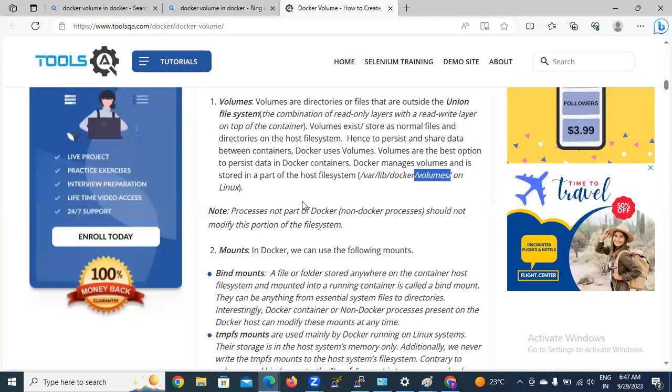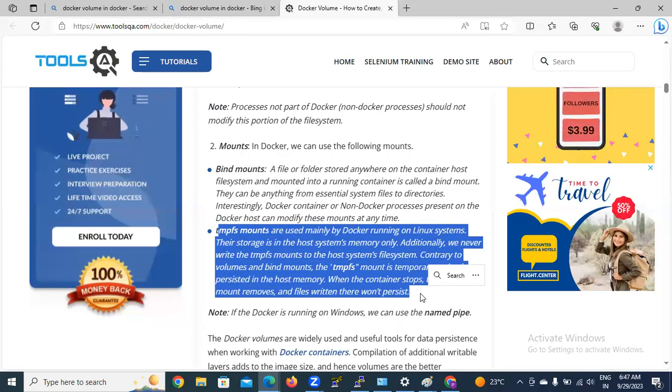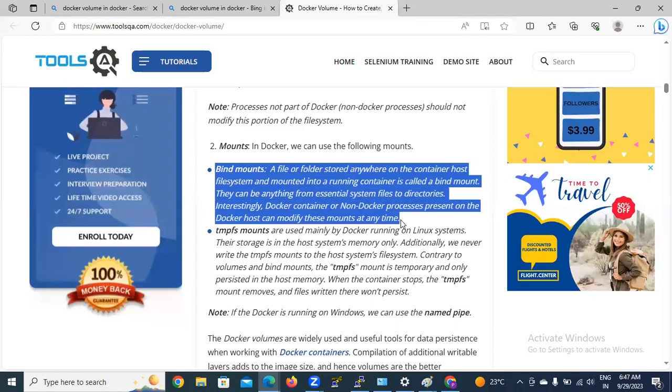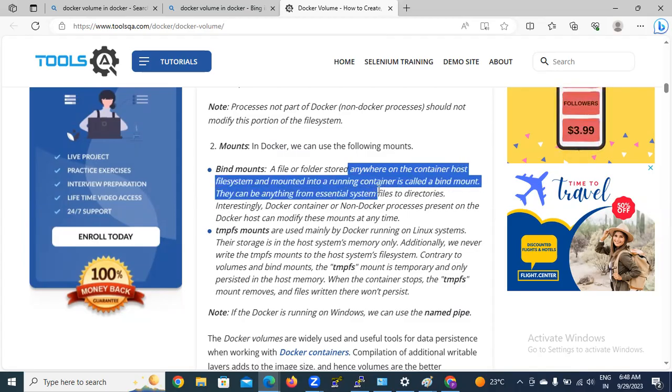So first of all you have to understand that there are processes not part of Docker, and the portion of the file that should be modified is mounted. In Docker we can use the following mounts: bind mount and tmpfs mount. Tmpfs is specific to memory, and bind mount is specific to the allocation of volumes. A bind mount is a file or folder stored anywhere on the container host file system and mounted into the running container.